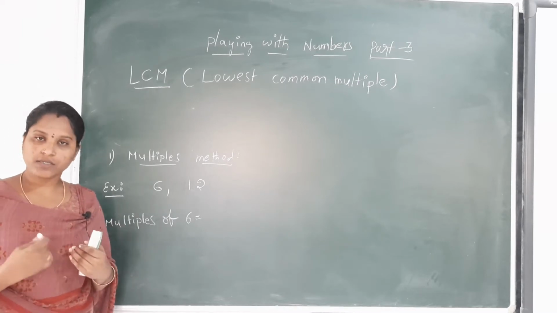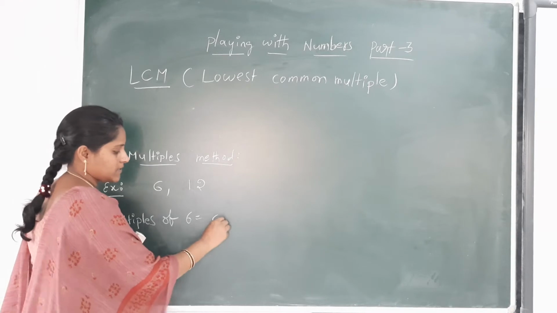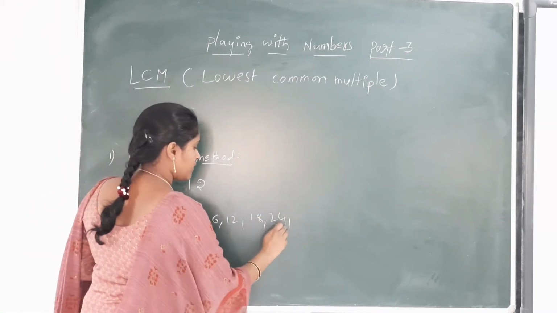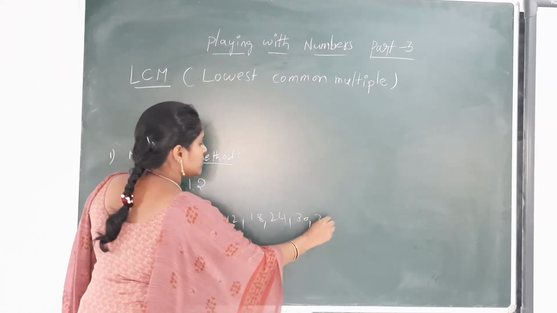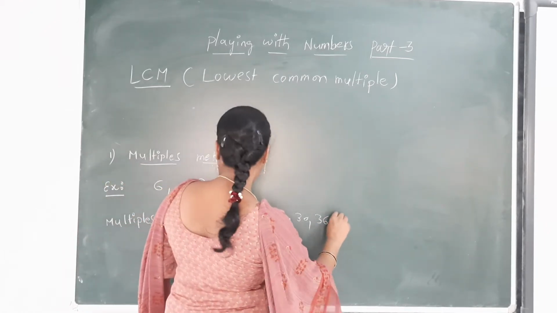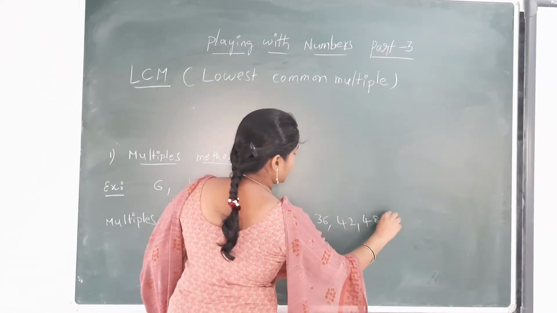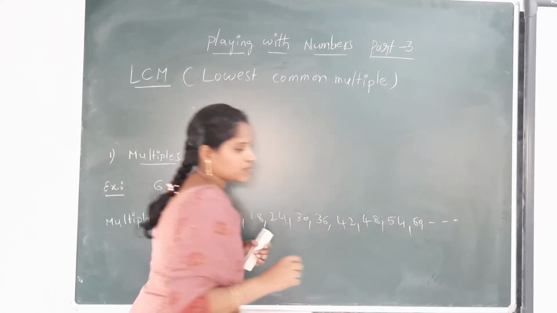6 ones are 6, 6 twos are 12, 6 threes are 18, like that: 6, 12, 18, 24, 30, 36, 42, 48, 54, 60, and so on.